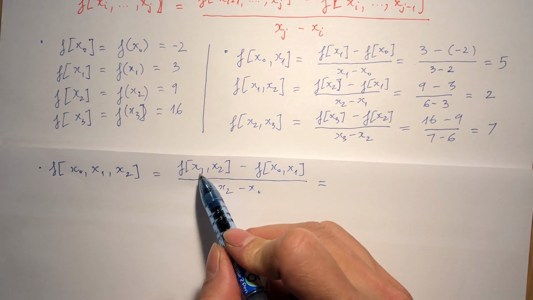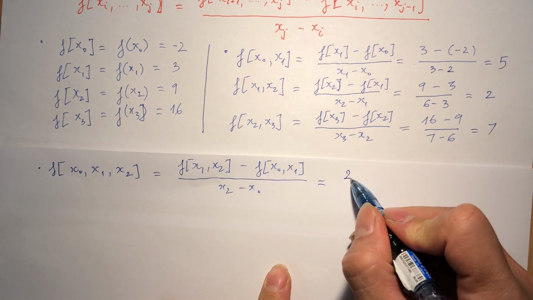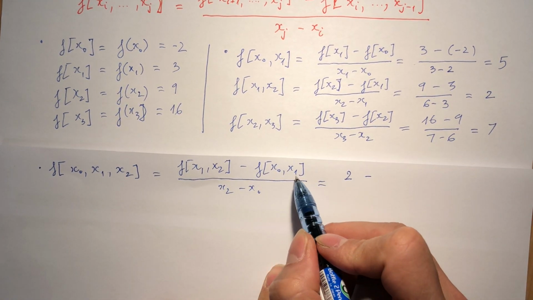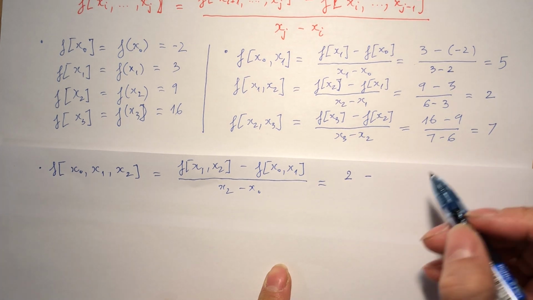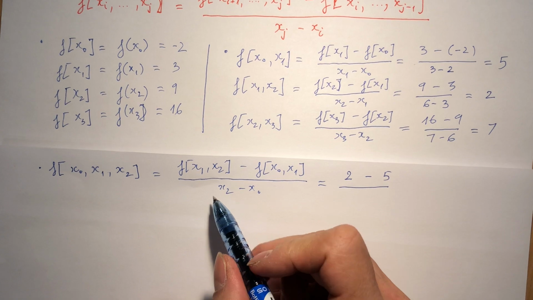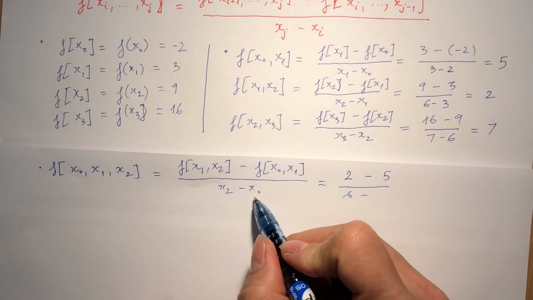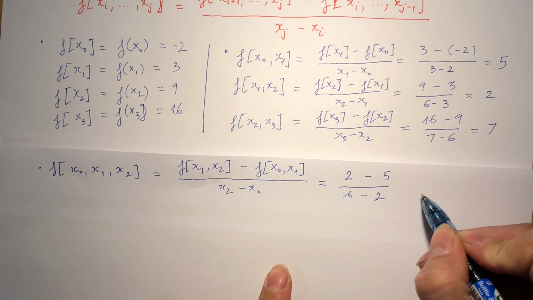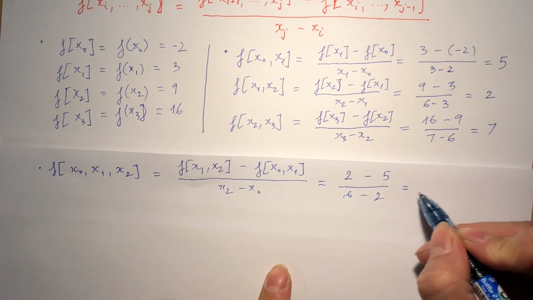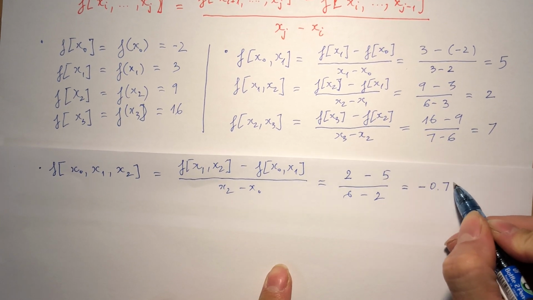So f[x1, x2] is 2 minus f[x0, x1] is 5, divided by x2, which is 6, minus x0, which is 2. This one gives the answer minus 0.75.